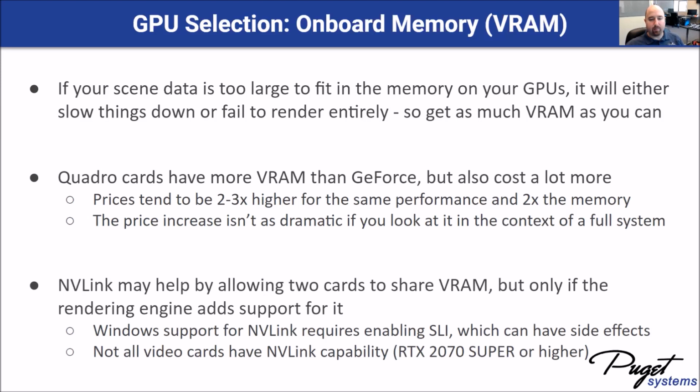But you have to keep in mind that does require the application to support it, as well as the operating system, and you have to physically have the NVLink bridge between the cards. So if you're getting a system now, even if the rendering engine you're going to use doesn't immediately support NVLink, it's not a bad idea to go ahead and get a system with the bridge so that you're ready to support that when it's added.